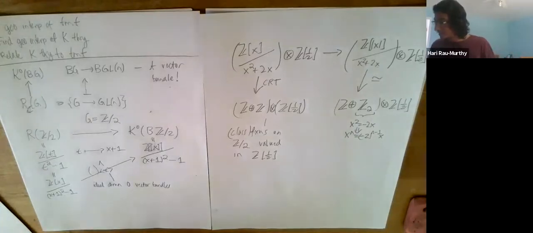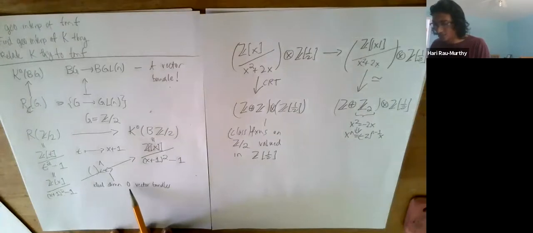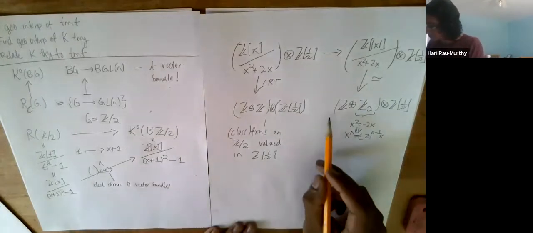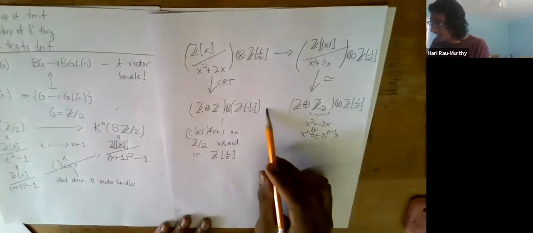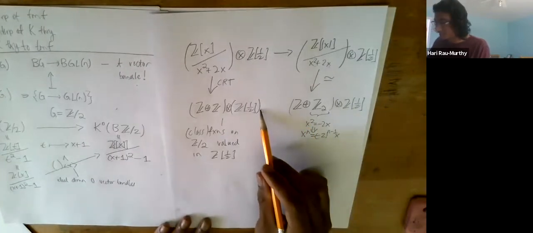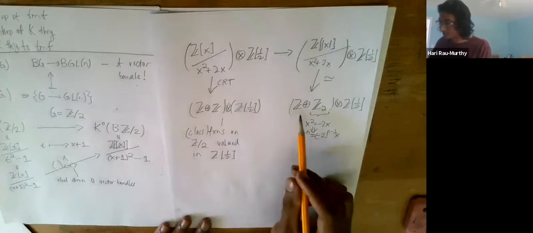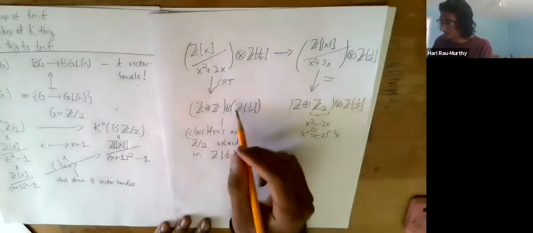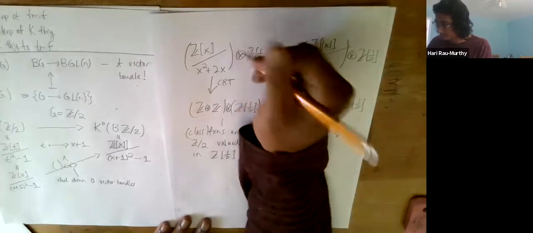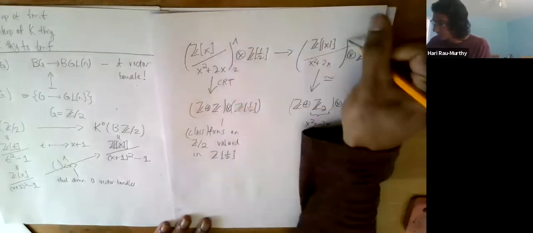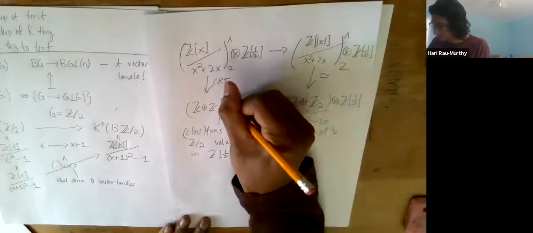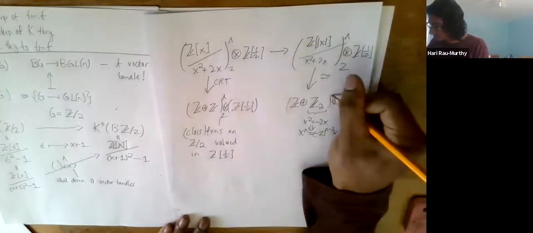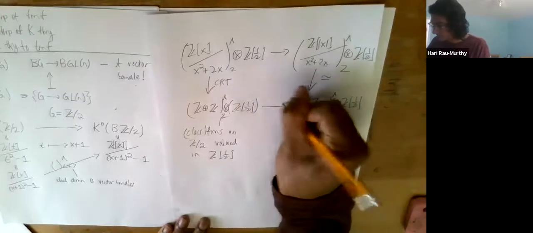So instead of completing at the ideal of dimension 0 vector bundles, this computation suggests that I instead complete at the ideal generated by 2. So I complete first, and then I invert 2. And then I get an isomorphism.